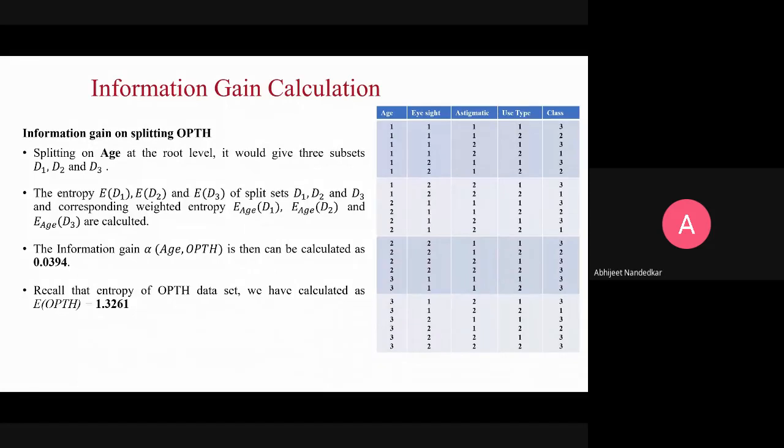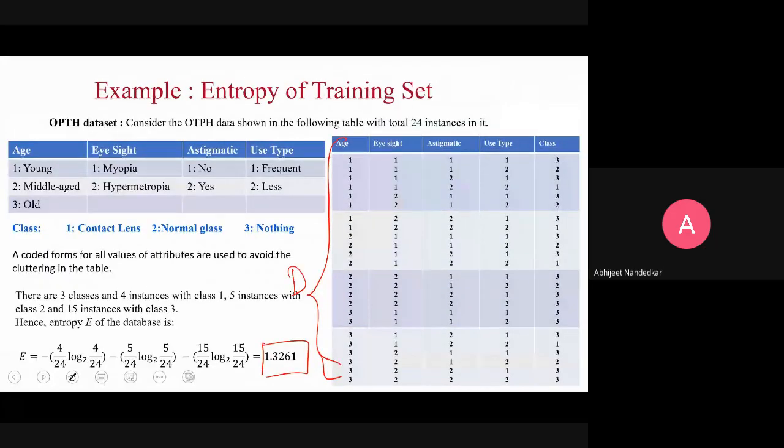We are trying to split this table using a feature called age here. Suppose I choose this feature for splitting the table. So splitting on age at root level, it would give three subsets, D1, D2, D3. Why? Because age has three values.